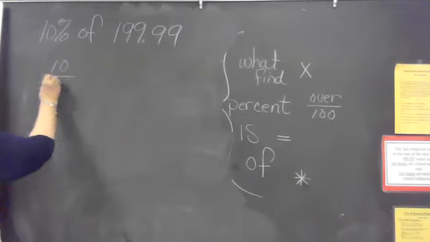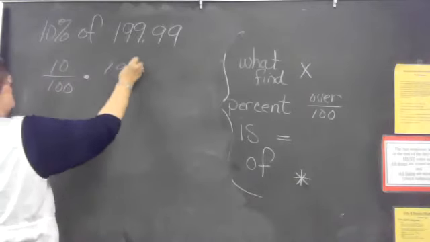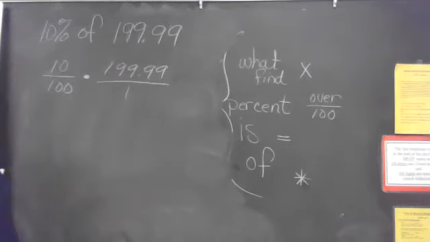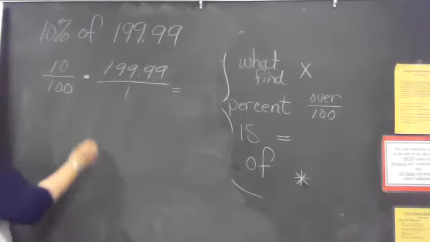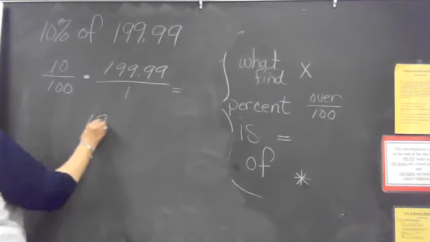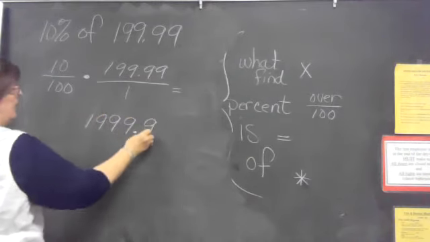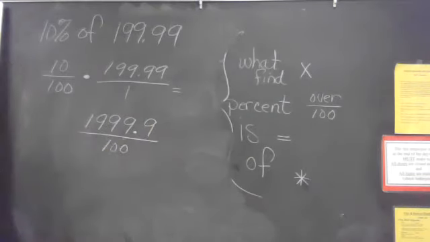We have 10% of $199.99. Okay? Multiply across the top, and we have 1999.9 divided by 100. Multiply, multiply. Yes? Go ahead and check.